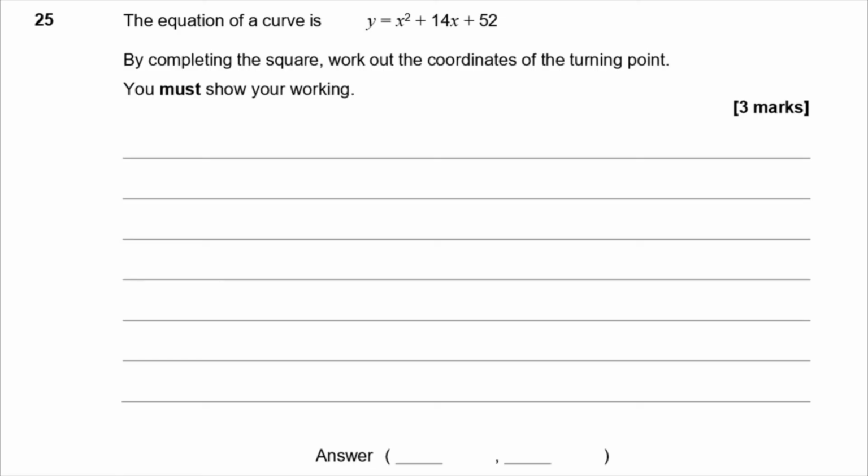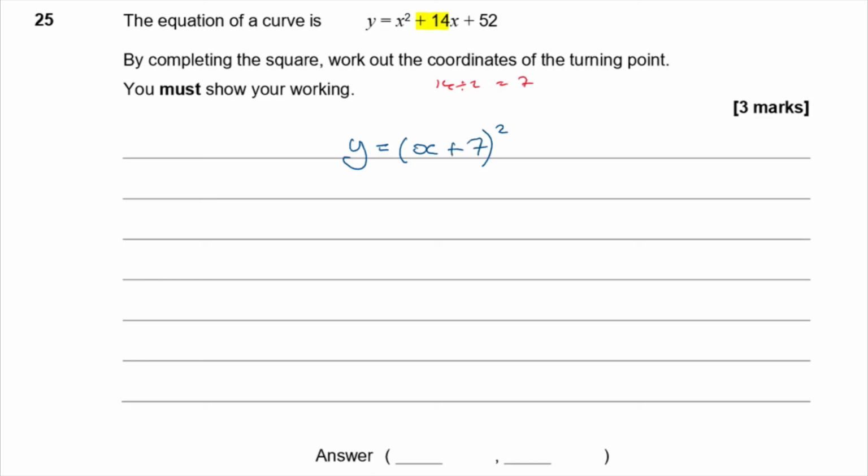Right, so if I want to take y equals x squared plus 14x plus 52 and rewrite it in completed square form, I take this number here, the coefficient of x, and I halve it, don't I? So 14 divided by 2 is 7. And that is then the thing that I use in my bracket. So y is going to be equal to x plus 7 all squared.